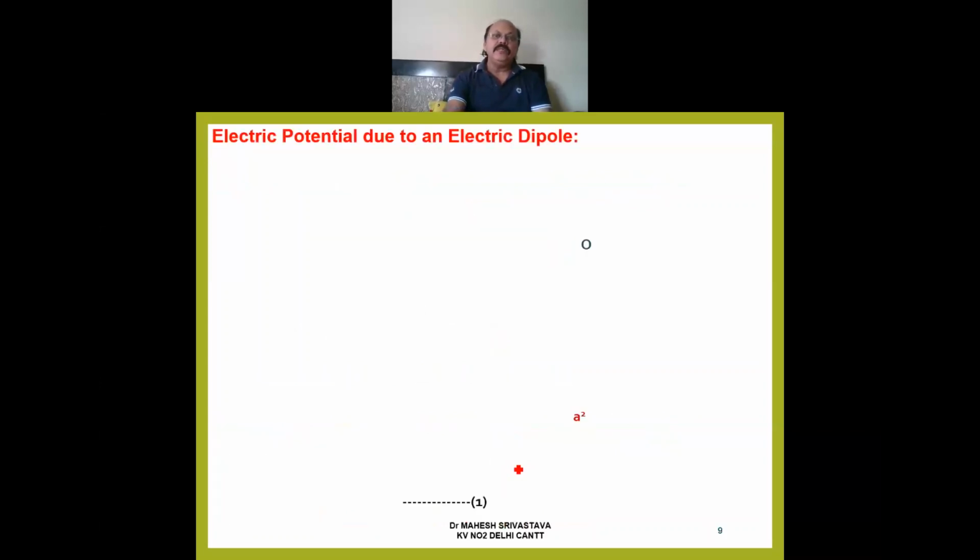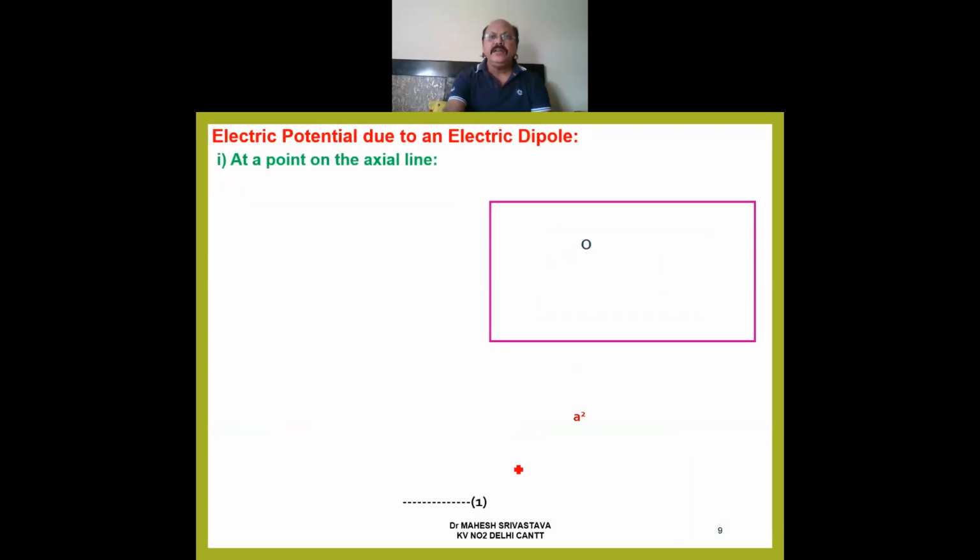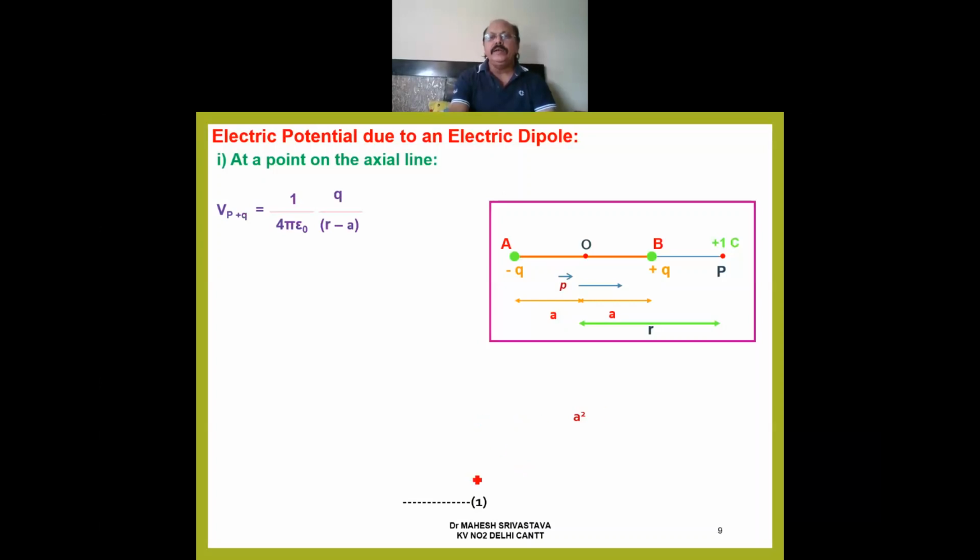Now, suppose in examination they ask to derive an expression for electric potential at a point on the axial line of an electric dipole, then what you will do? Either you perform the derivation which I explained just now, or you can perform it like this. At a point on the axial line, you consider an electric dipole which consists of minus q and plus q charges separated by a small distance 2a.